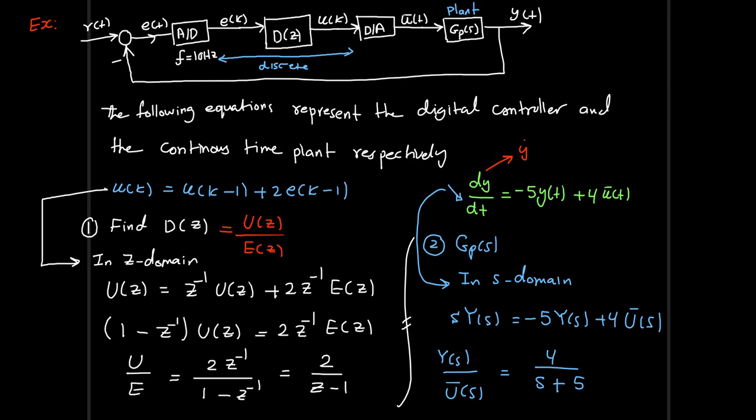So now we find D of z and we find GP of z.